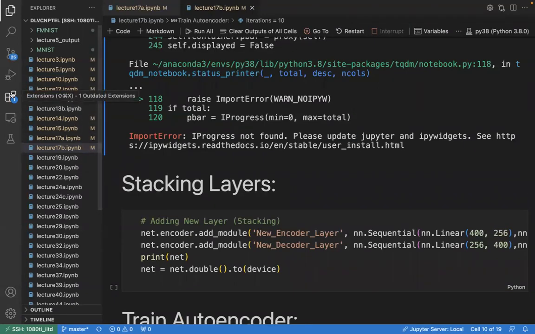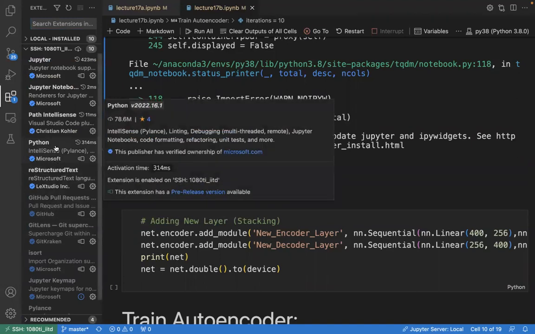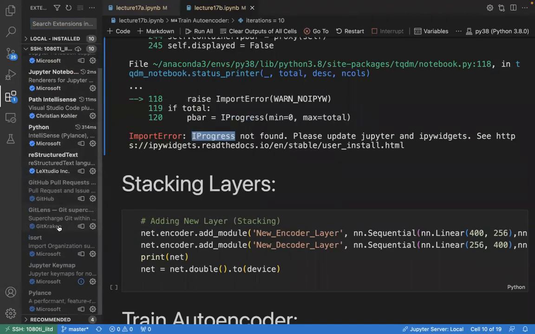Yes, I'm not able to run this notebook. There is some error with this progress bar that it is trying to print. But I guess if you run from your side, it will be just fine.